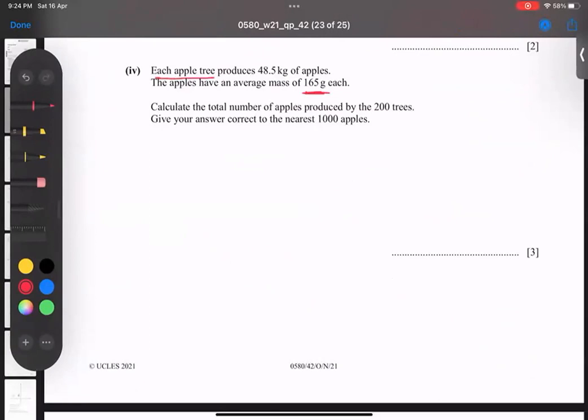So it means that if I want to find out, like if one apple is there, one apple mass is 165 grams, and total kilograms are there. So what is the total mass of apples from one tree? From one tree. So total mass, how much?